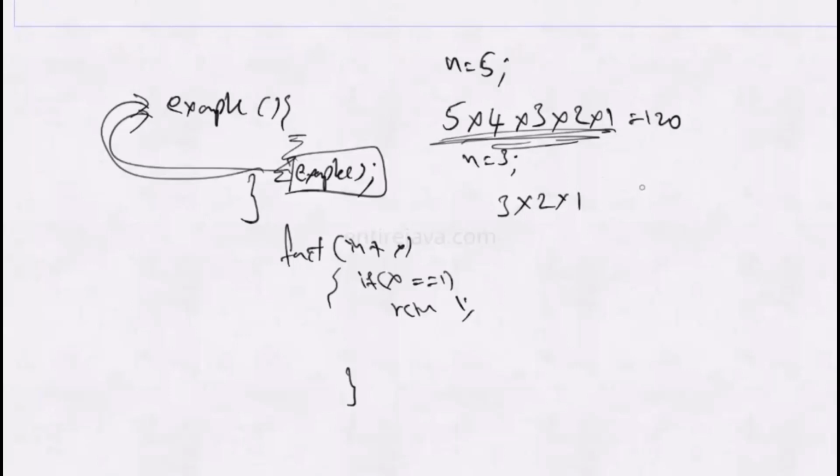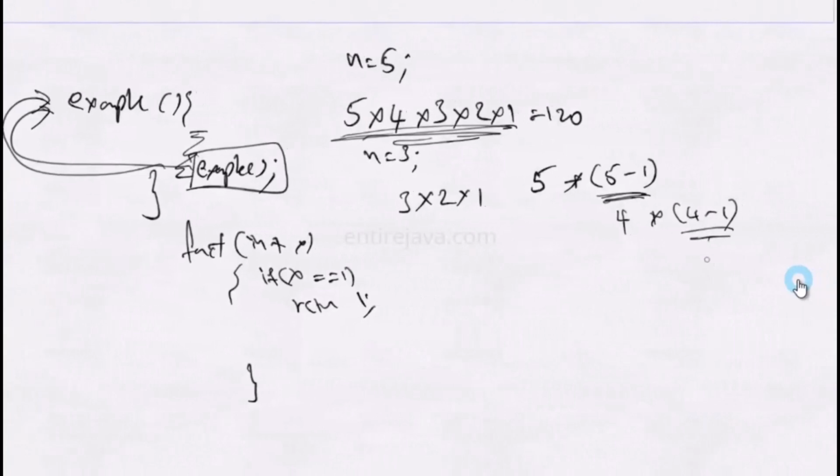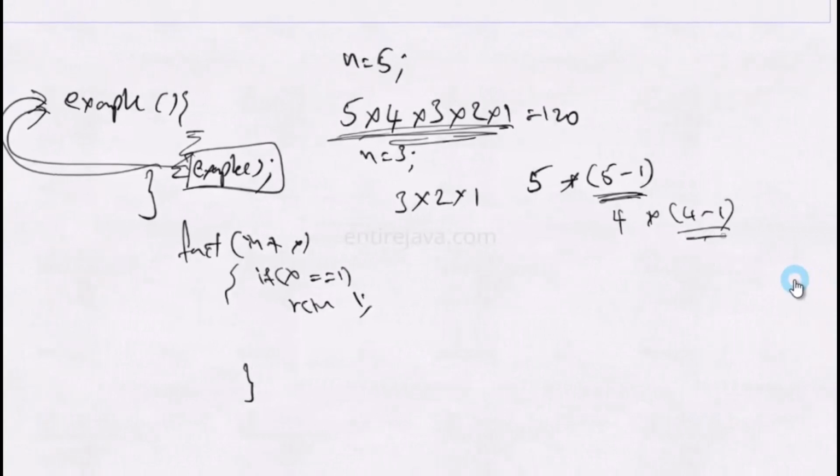To find the factorial of 5, we're going to say 5 multiplied by 5 minus 1. And whatever is the result, in this case it's 4 multiplied by 4 minus 1. Again, whatever is the result of this, the result of this would be 3 multiplied by 3 minus 1. So ultimately we're trying to find 5 multiplied by 4 multiplied by 3, and so on until we reach the value 1. So the result would be 120.